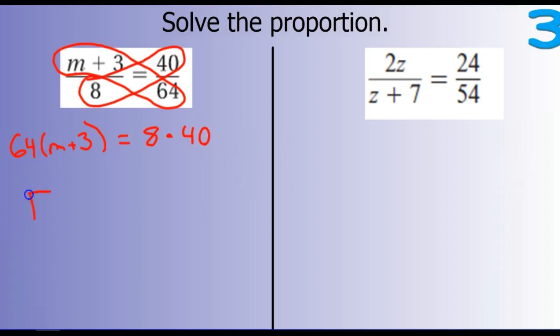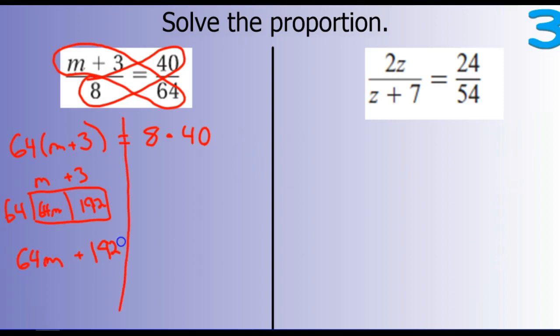So if we draw our box, 64 times m, 64 times 3 gives us 192. So we get 64m plus 192 equals 8 times 40, which gives us 320.